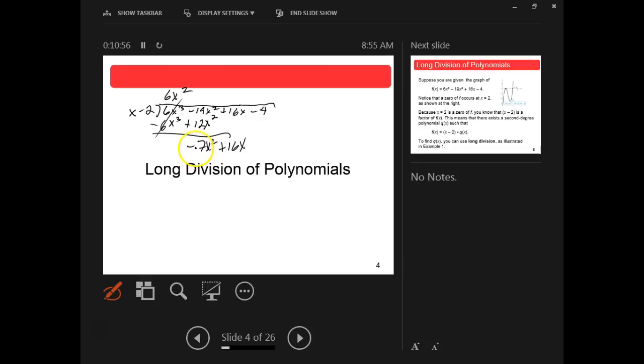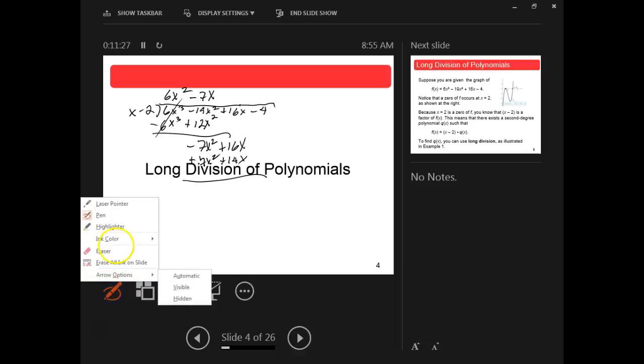What's next? X will go into negative 7x squared how many times? Negative 7x times. Very good. Then what do we do? Multiply. Negative 7x times x is negative 7x squared. And negative 7x times negative 2 is plus 14x. Then we subtract, which I suggest doing by changing signs and adding.